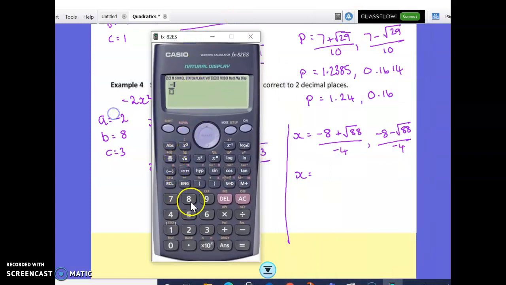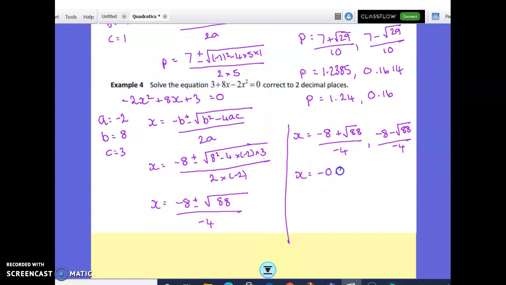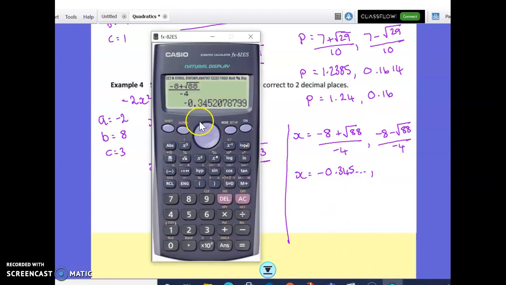Okay, so we've got minus 8 plus root 88 over minus 4. That's minus 0.345 and so on.